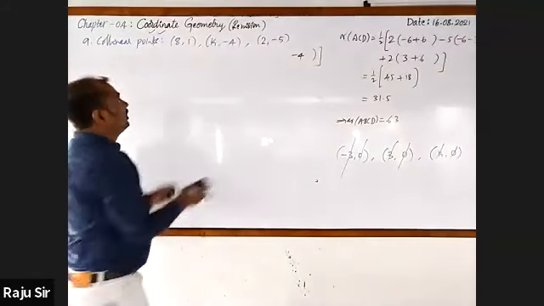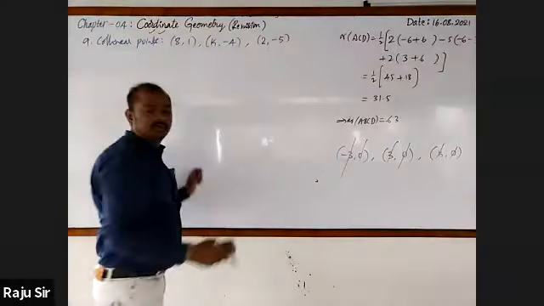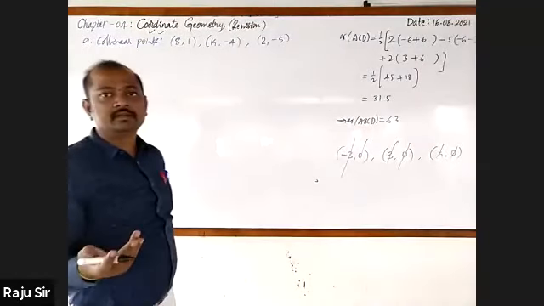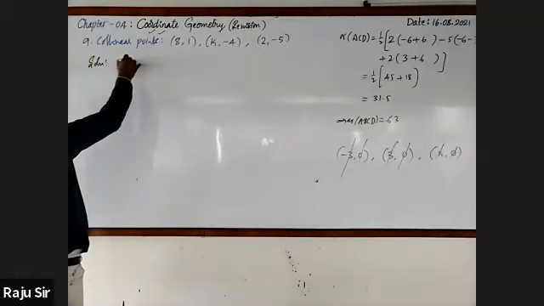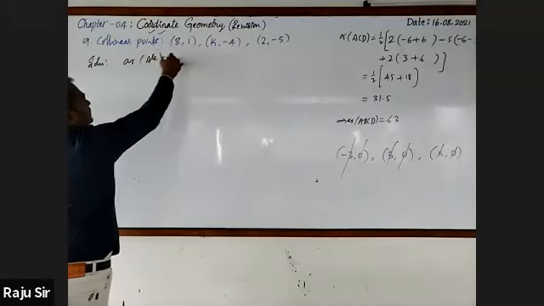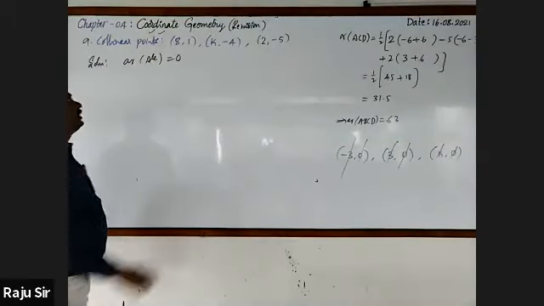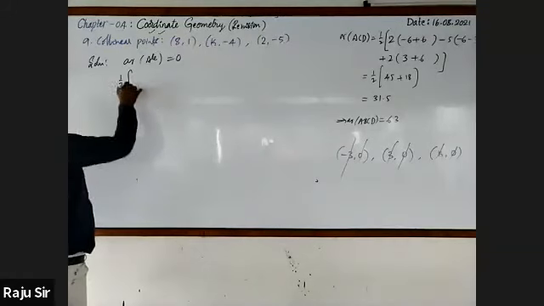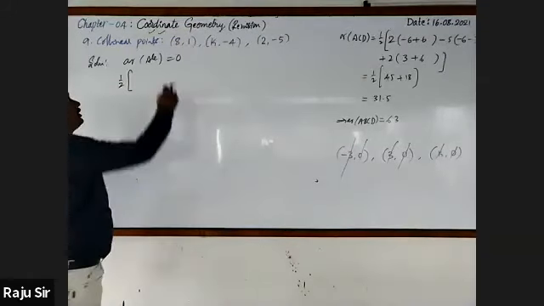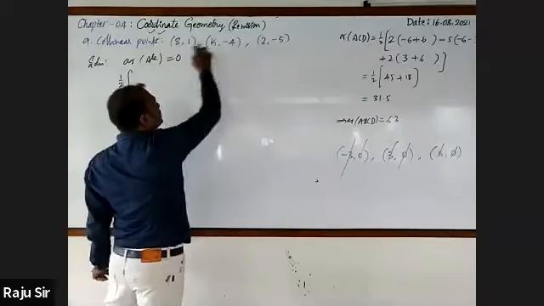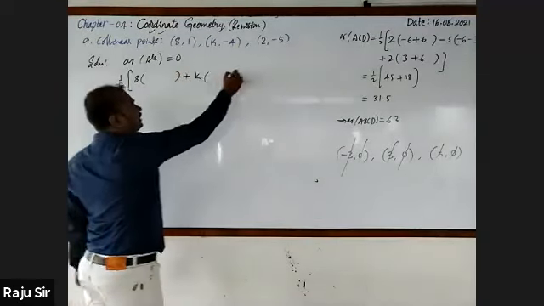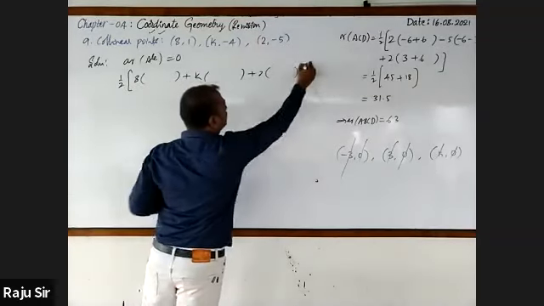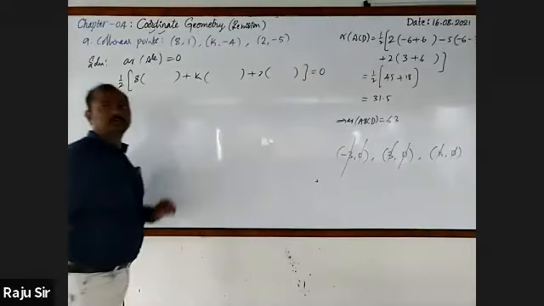Now, as the points are collinear, the area of the triangle will be 0. Let's find the value of K by taking the area of the triangle as 0. Area of triangle is half into, here take x1, x2 and x3: 8, K and 2. 8 into, plus K into, plus 2 into, equal to 0.